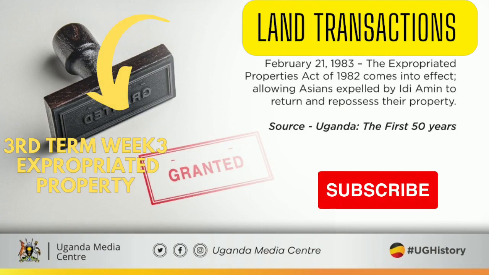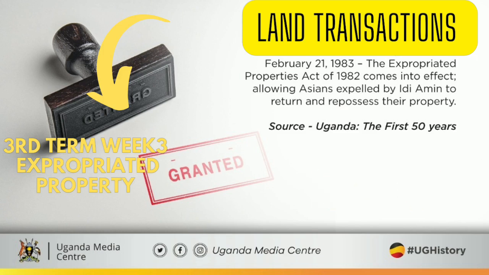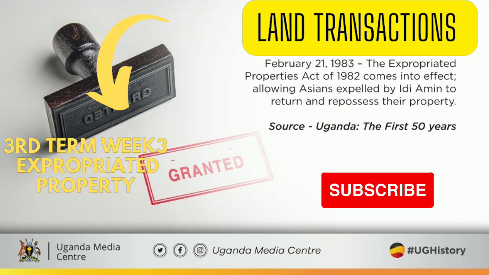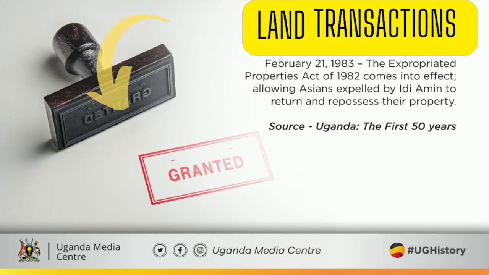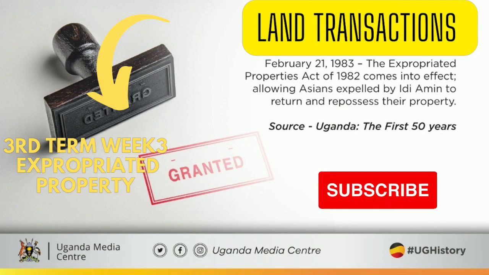So if you deal with that property when you are not the minister responsible, that transaction is null and void. When you look at, is it section 3 of the Expropriated Properties Act, it only gives the minister powers to transfer. Not any other person has the powers.